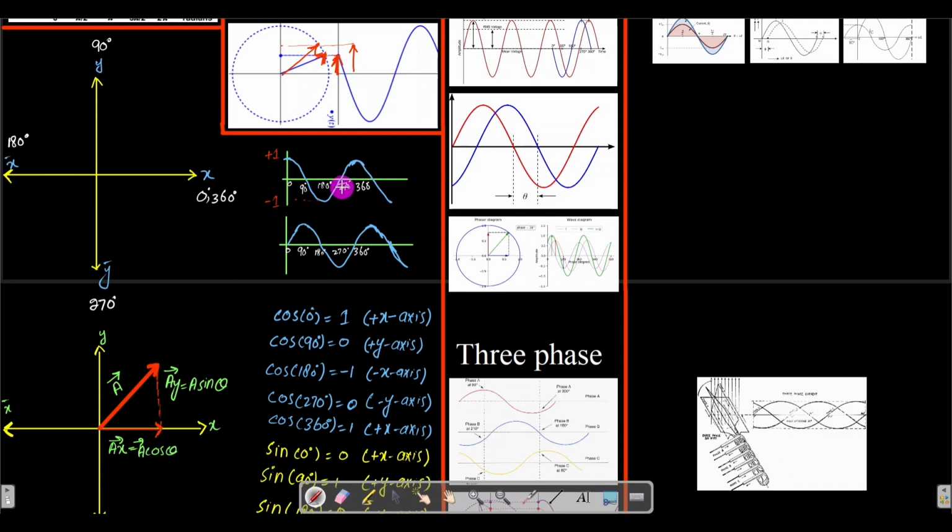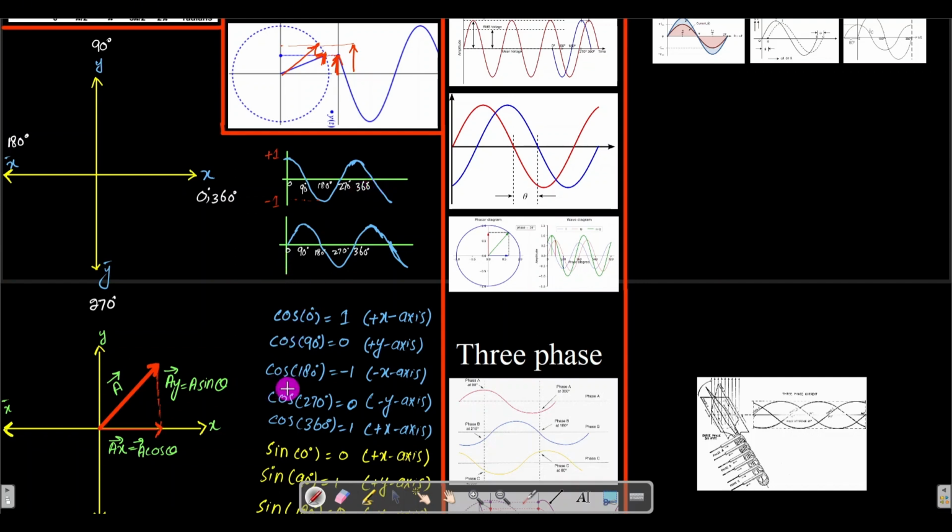At cos 270 we again have 0, and at cos 360 we have the maximum value again. So this sort of graph is formed by the cos function, cos theta.